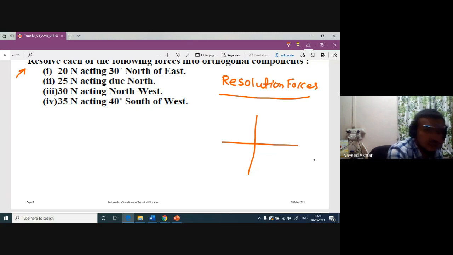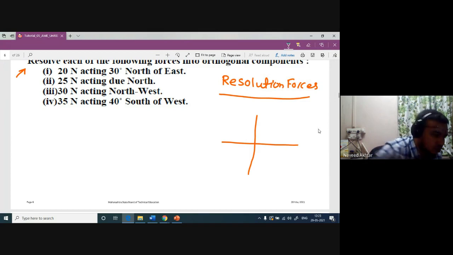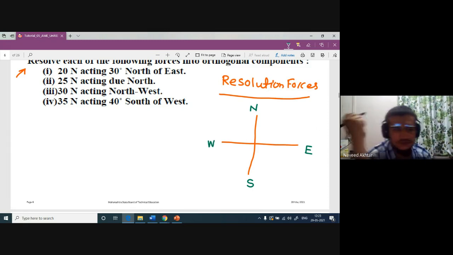This is your north direction. This is your east direction, right side, and at the bottom we are showing our globe, north, east, south, and west directions.